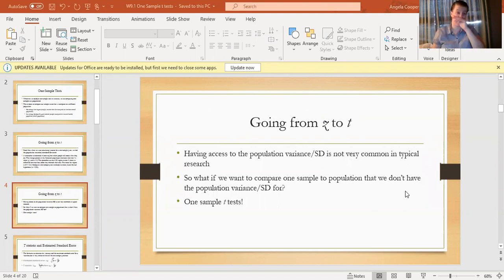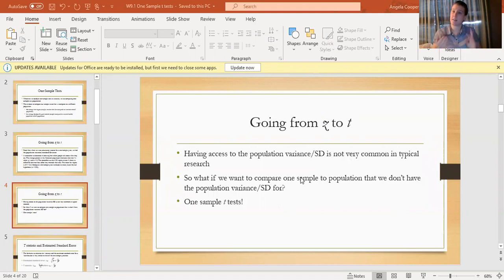Anyway, having access to the standard deviation for the population is not typical. It's not commonplace to have. So when we only have the population mean, but we still have a one sample test, we're going to deal with the t-test. They're pretty much identical, t and z-tests.